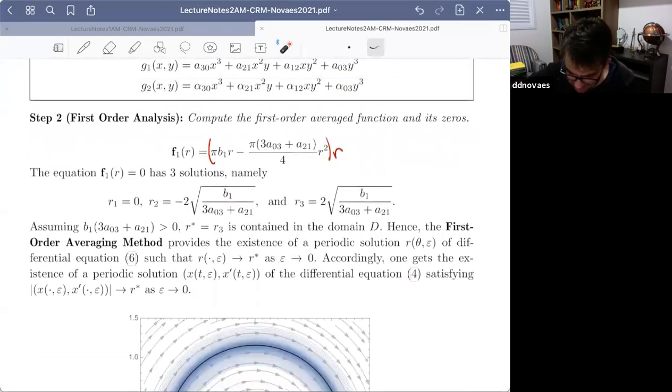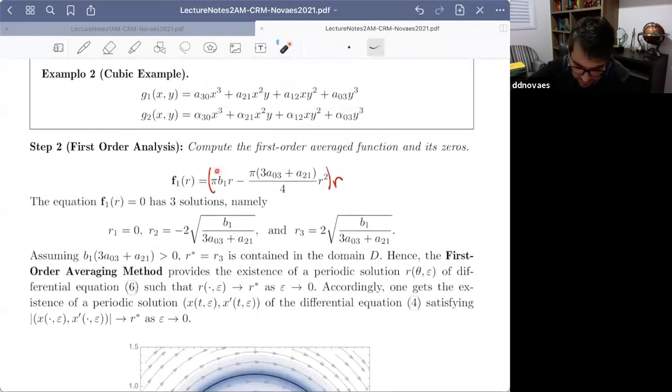So let's check it. We have b1 here. b1 has to be 0 because it's a polynomial in R. Then since it has to be identically 0, the coefficients of the powers of R have to be identically 0. Okay, so b1 has to be 0 and a21 has to be minus 3a03.